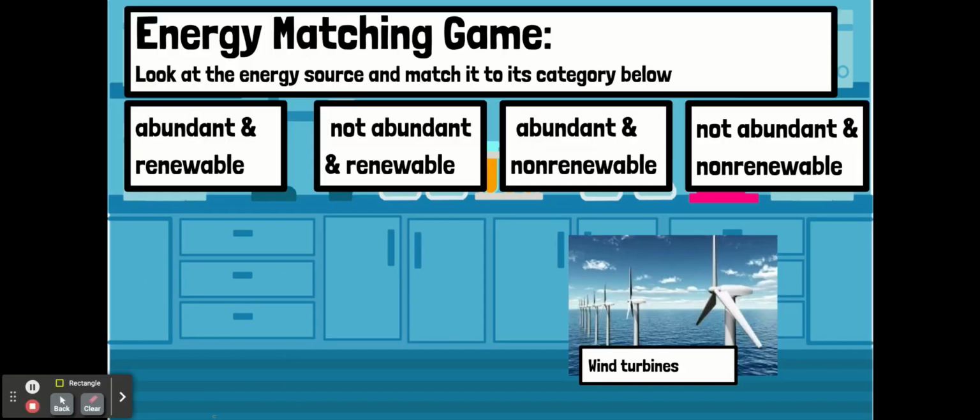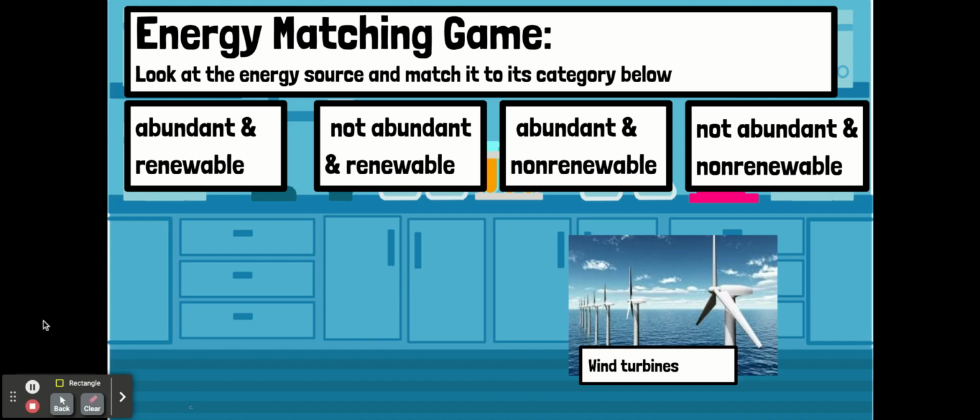Fourth grade, if you're ready to play, I'm ready to explain the rules. Basically, it's a matching game. So you're just going to look at the energy source and match it to its category below. Now, the categories go as such.